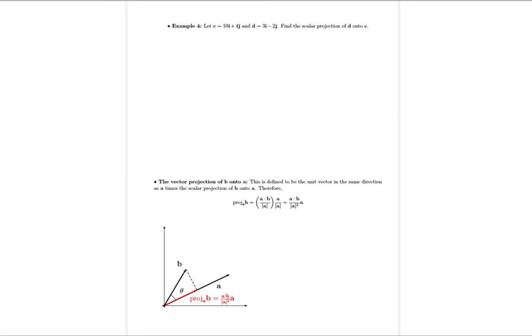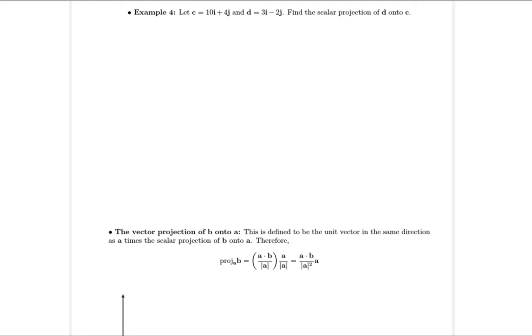All right, so let's do an example here and kind of get a sense for what's happening. So we have the vector C and we have the vector D, and it says find the scalar projection of D onto C. To use the notation that they taught us, we would say it's the component of D along C. So the little one here is the one that you're projecting onto, essentially.